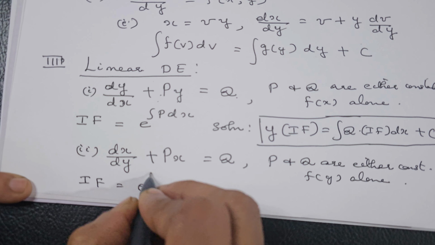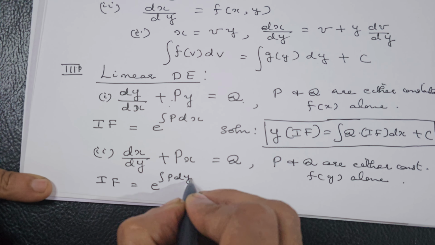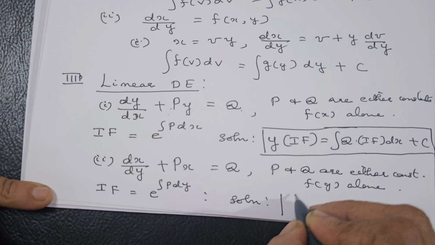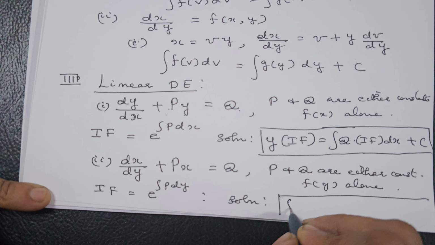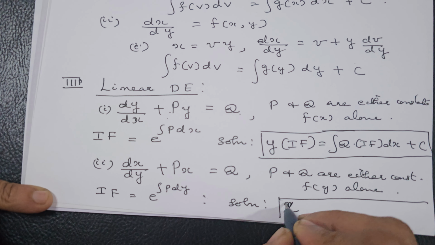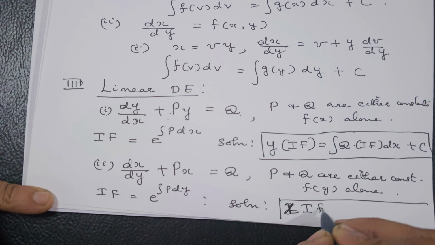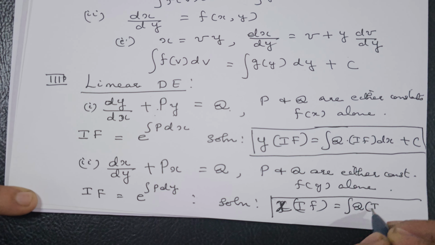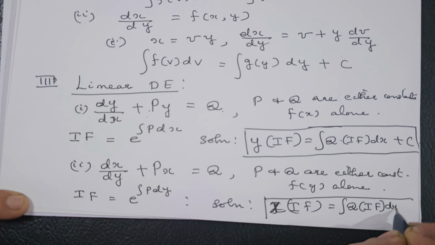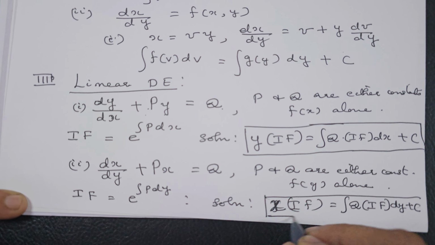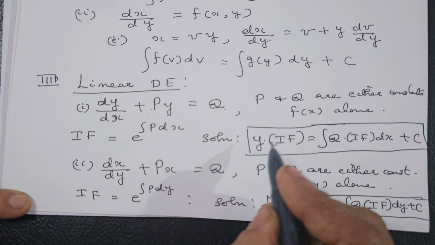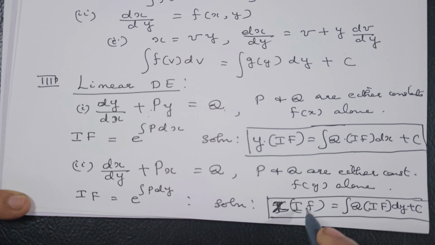It is e raised to integral p with respect to y. And what is the solution? x into integrating factor is equal to integral q into integrating factor with respect to y plus c. That is the solution. Here x into integrating factor, in the first case y into integrating factor.